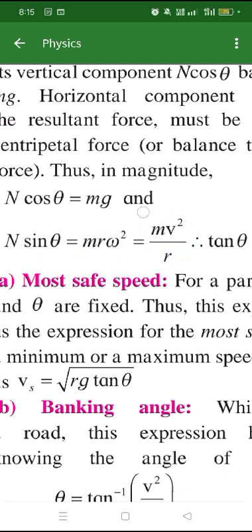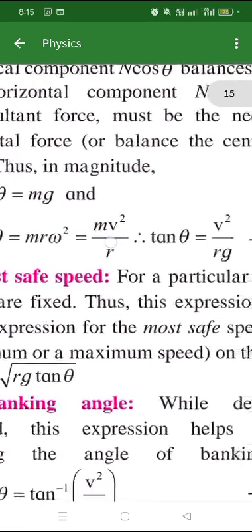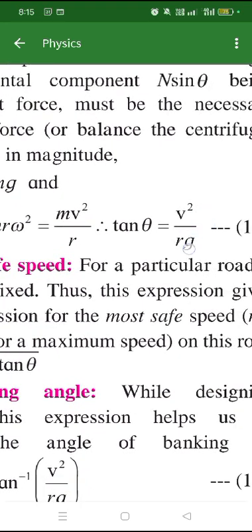So from here, if we divide the sine theta component by the cos theta component, we end up getting tan theta, and N will cancel out. The mass m also gets cancelled, and the formula will become tan theta equals v squared by r g.